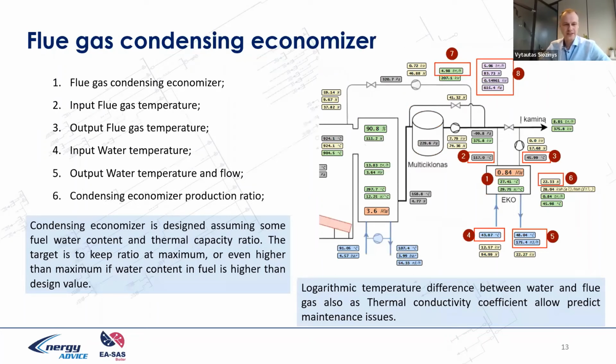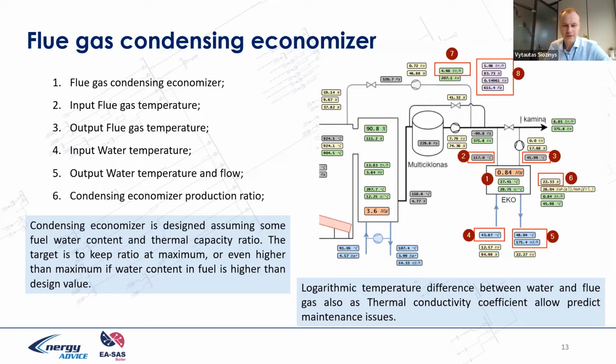Flue gas condensing economizer. You can see here a single line diagram. One part of the data here is metering values from the SCADA system, and another part is values calculated in real time, every 5 minutes.